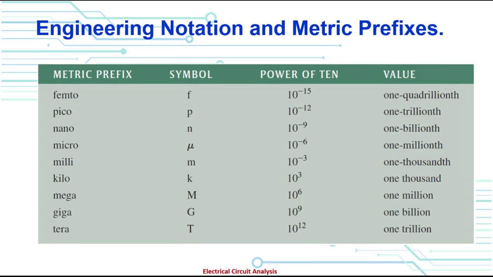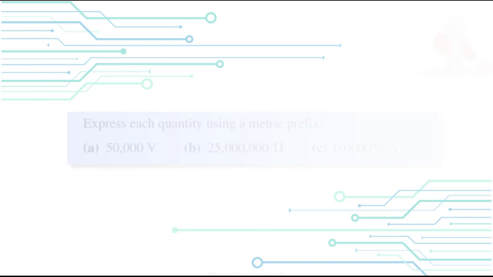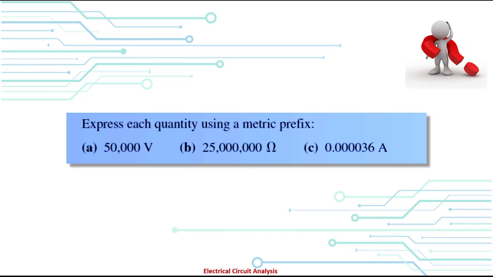Now, since we know the systems, let's do an exercise. What you have to do in this exercise is convert these quantities, which are larger quantities and a very small quantity, into powers of 10, and then apply appropriate prefixes. The first quantity is voltage, and it's 50,000 volts.